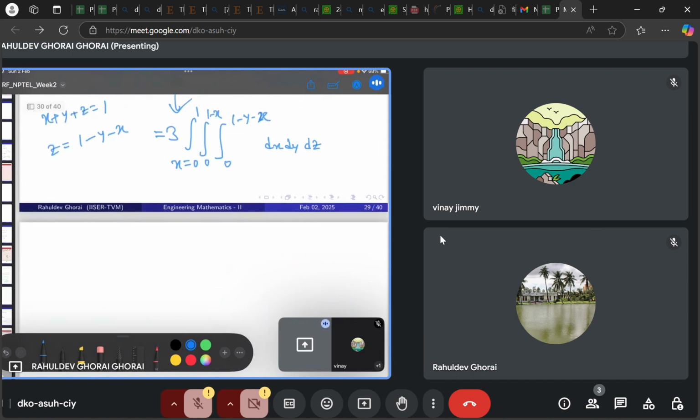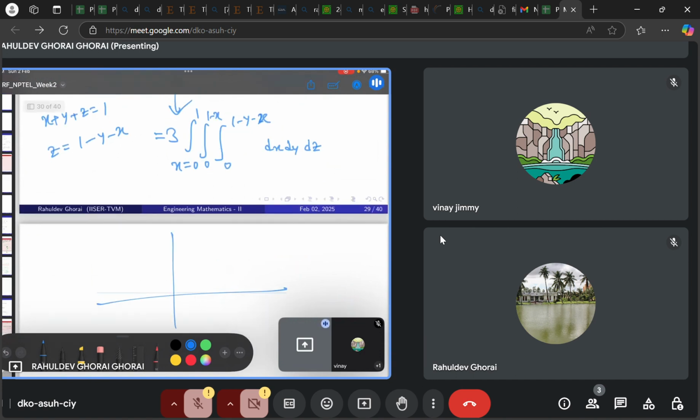You understand? If you do it for a smaller case, you will understand. Let's say x plus y equal to 1, with points 1 0 and 0 1.